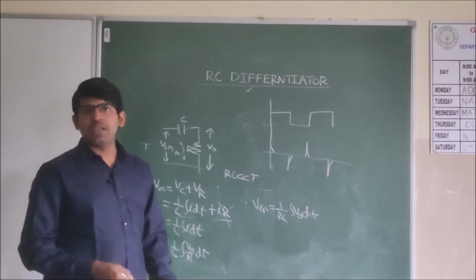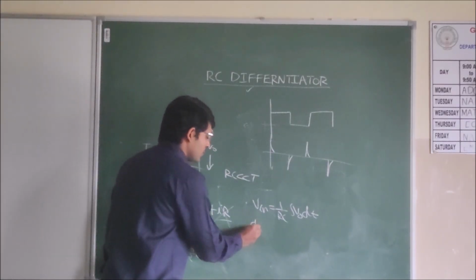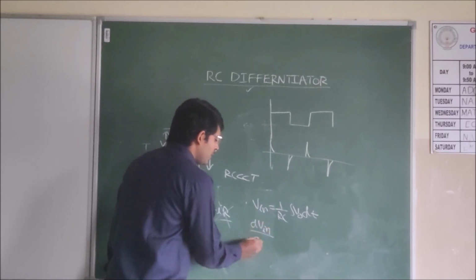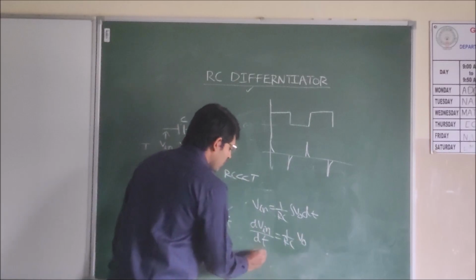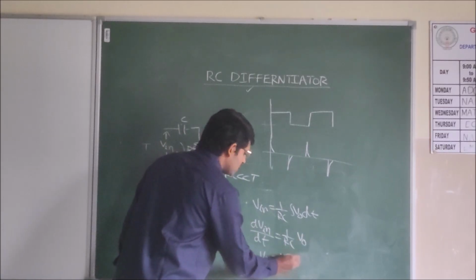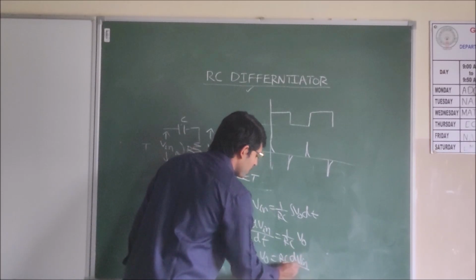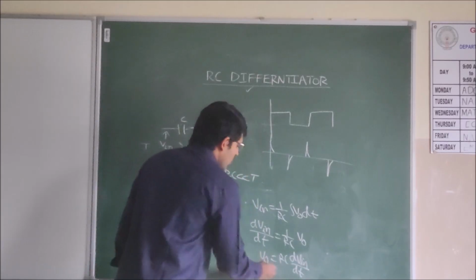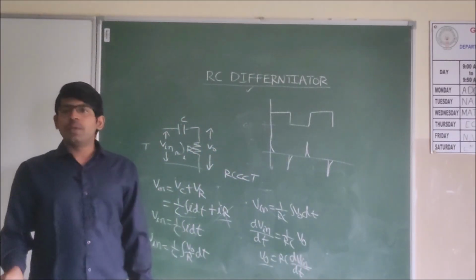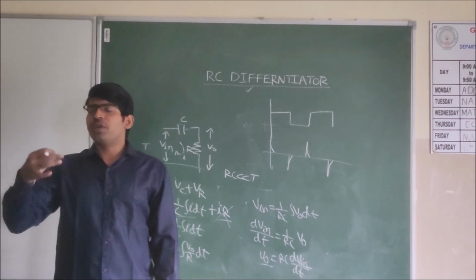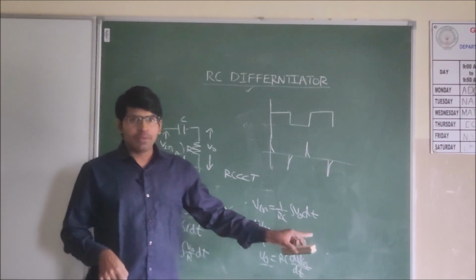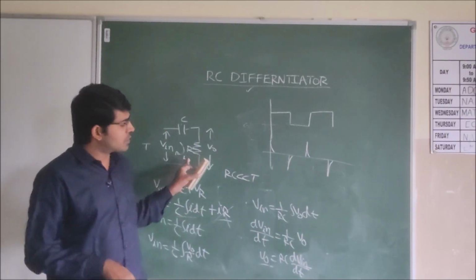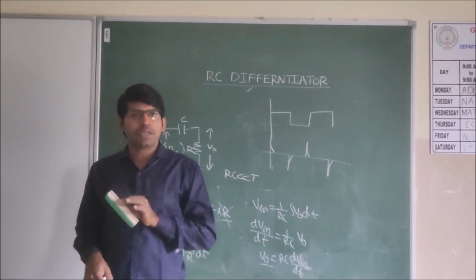When we are differentiating both sides, dV in by dt is equal to 1 by RC V0. Therefore, V0 is equal to RC into dV in by dt. So the output is nothing but a function of the derivative of the input. V0 is directly proportional to the derivative of the input signal. That's why this circuit is called a differentiator.